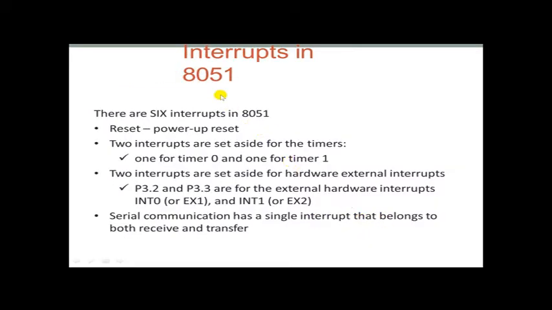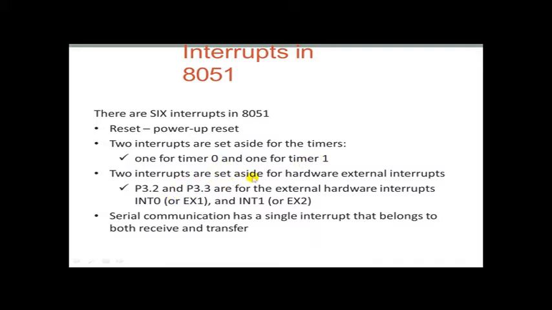Interrupts in the 8051. There are 6 interrupts in the 8051. One is reset, that is power-up reset. Two interrupts are set aside for timers, one for timer 0, one for timer 1.